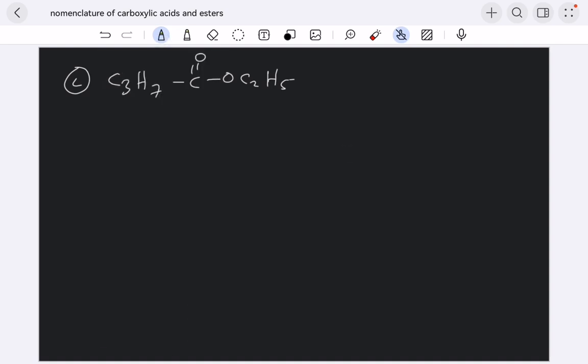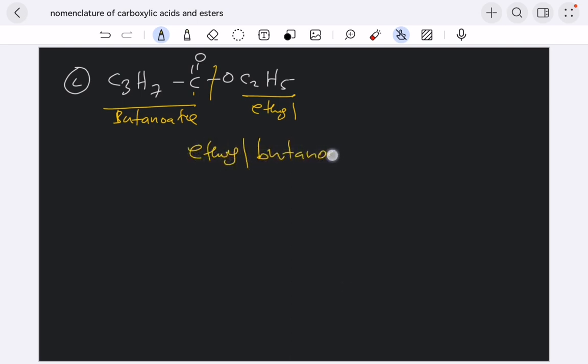When we follow the rules, this is 2 carbons, meaning it's ethyl. Then here we have 3 carbons plus this one here, so 4 carbons. So this part is called butanoate. So altogether it's called ethyl butanoate.